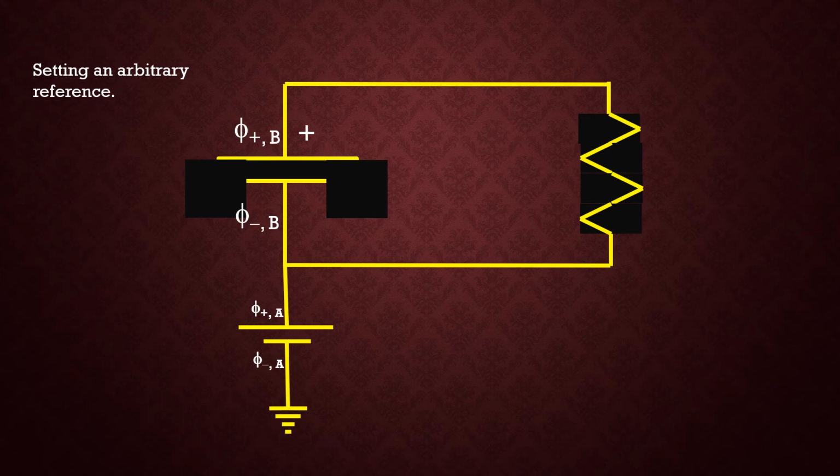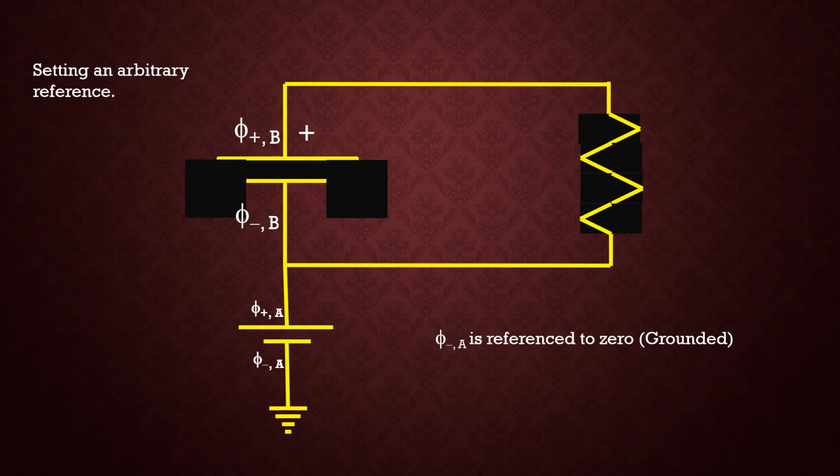So looking at this example, I have a simple resistive circuit attached to power supply B, and then I have the low potential side of power supply B attached to the high potential side of a second power supply designated as A, and power supply A is grounded. So I have phi minus A referenced to 0.